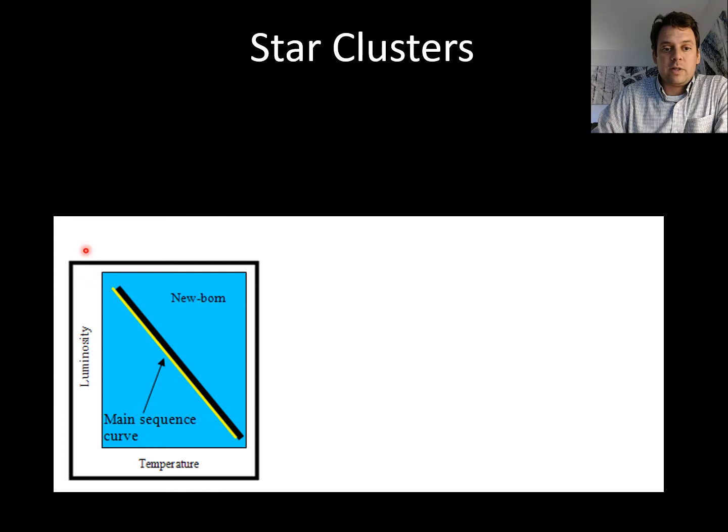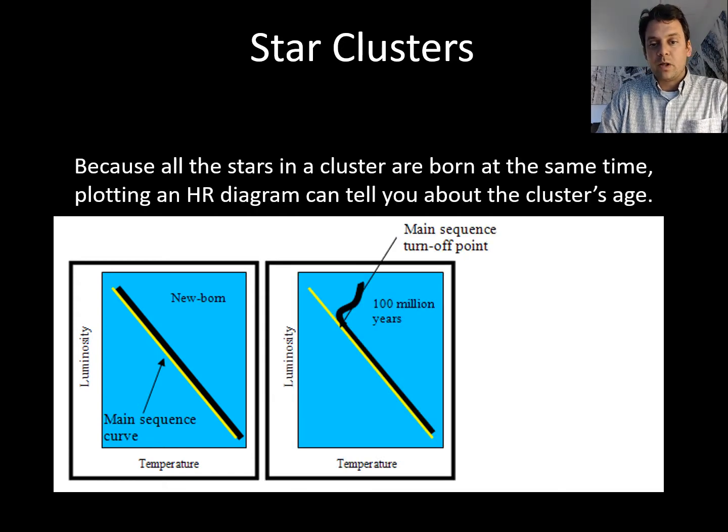If we look at a sketch of the HR diagram, which we simplified to just a line going from bottom right to upper left between the luminosity and the temperature: when the star cluster first forms, everything will be on the main sequence, right? Because nothing has had time to evolve off of it.